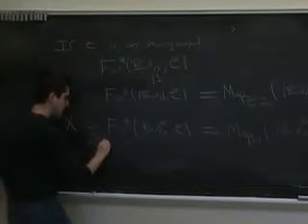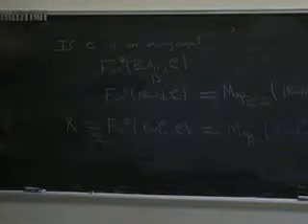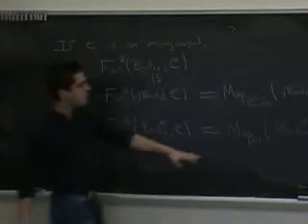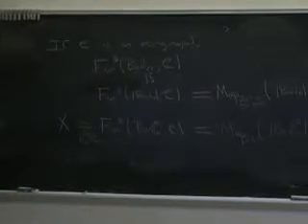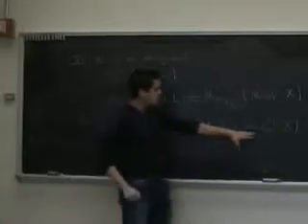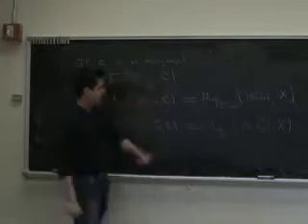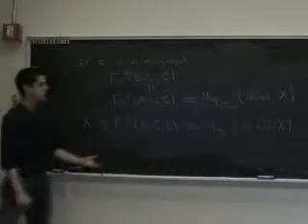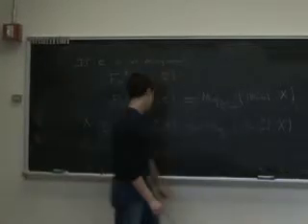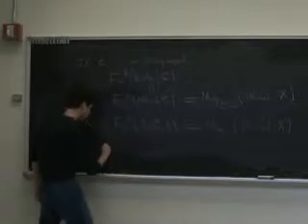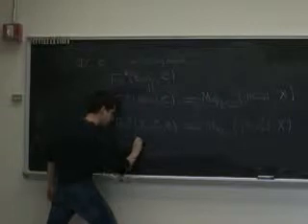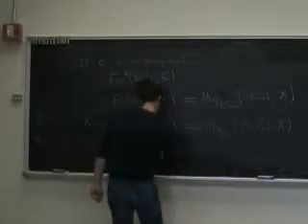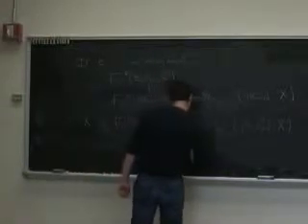And now what is this telling me? This is telling me a universal property of this classifying space. It's telling me this classifying space is free as an infinite loop space. It's freely generated by a single point. I.e., this is free on one point.